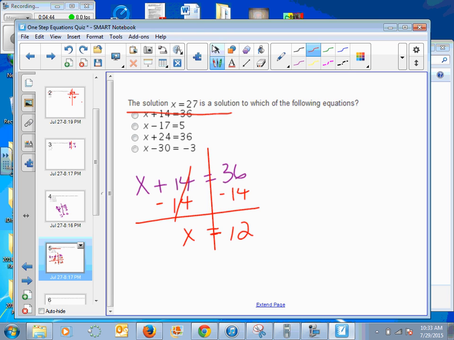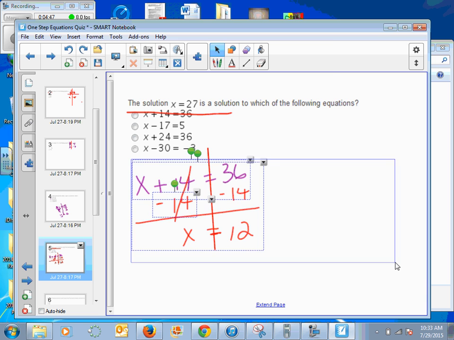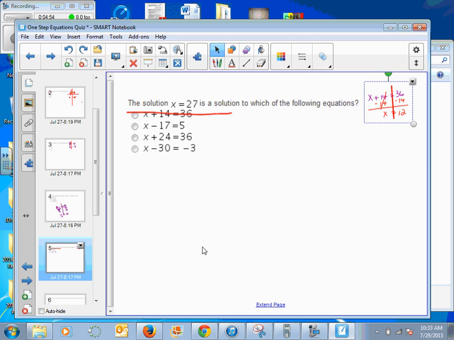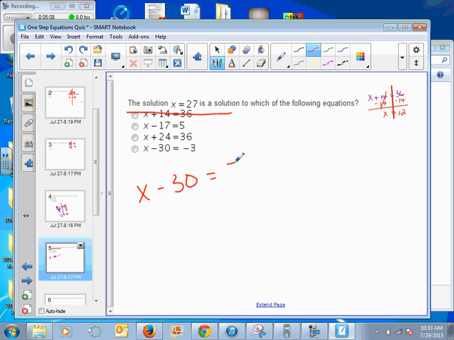Let's go to what should be the right answer. Let's go to the last choice. x minus 30 equals negative 3. All right, so let's split the sides. In this case, you've got a minus 30, so the opposite is to add 30.